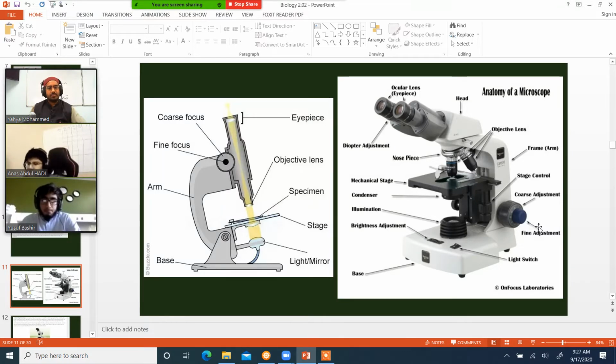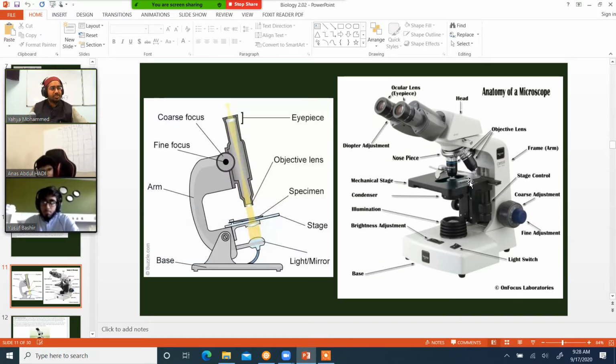You see there's two parts. The coarse adjustment probably adjusts the bottom part. The idea is, if you look at a lens, the thing has to be the right distance to be in focus. So this is moving the stage, where you're holding the slide.